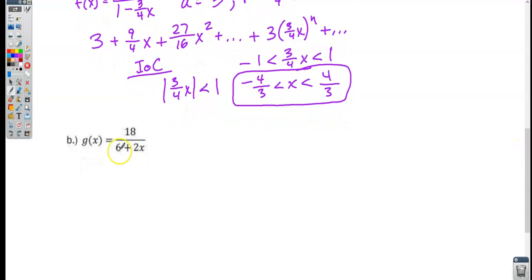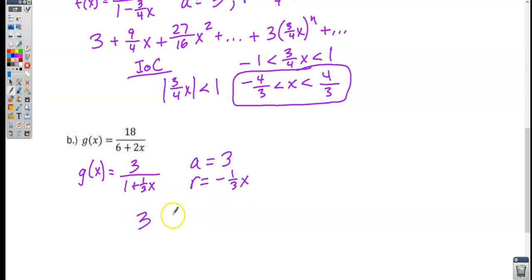All right, one more example here. We want to get this into the form a over 1 minus r, so we're going to divide both numerator and denominator by 6. Turns this into 3 over 1 plus 1/3 x. From there we can identify that a is 3 and r is negative 1/3 x. And then we can write our series based off of that.